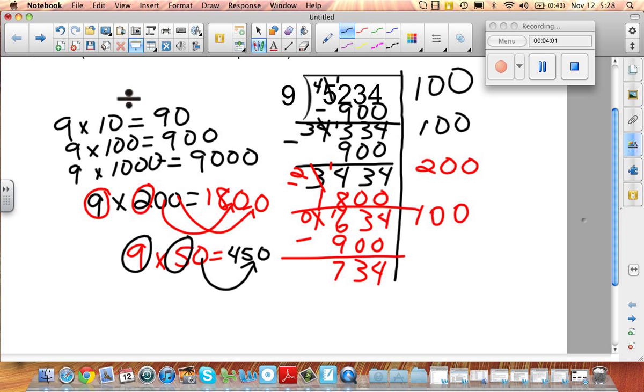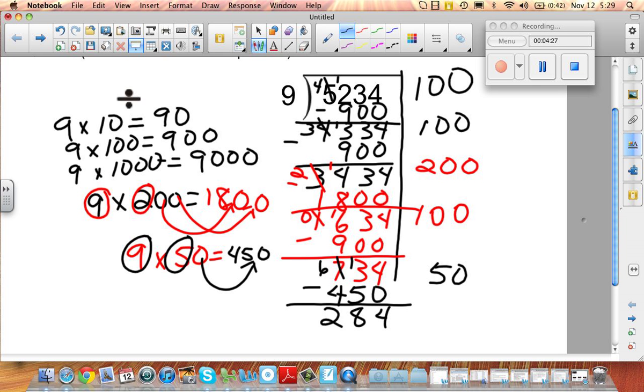I know some of you are saying, no, go more, go higher. But I'm going to stick with 9 times 50 for right now, just to show how this process works. So 9 times 50 is 450. 13 minus 5 is 8, right? And 6 minus 4 is 2.